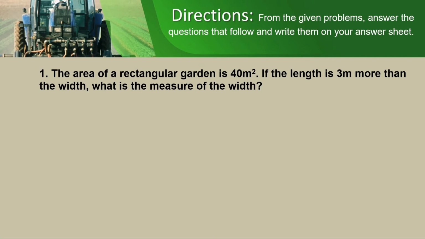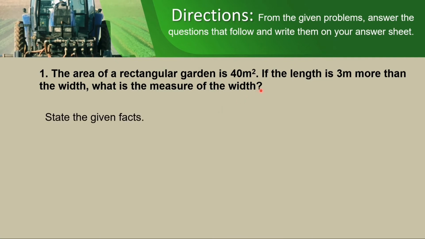Okay, this time we are also dealing with the area of a rectangular garden, but with different value. So this time the area will be 40 square meters, and the length is 3 more than the width, and the measure of the width is also unknown. So what is the measure of the width? So we are looking for the width.